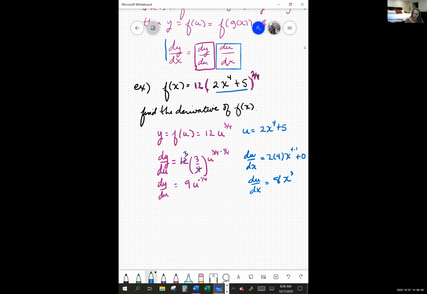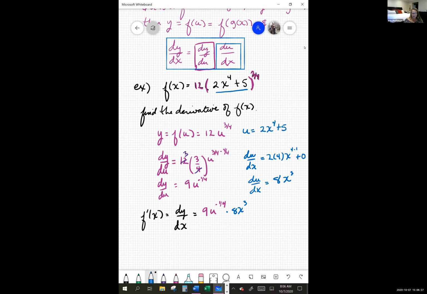So by this formula, dy dx, or f prime of x, is equal to dy du, which we found right here was 9u to the negative 1/4, times du dx, which we found was 8x cubed.